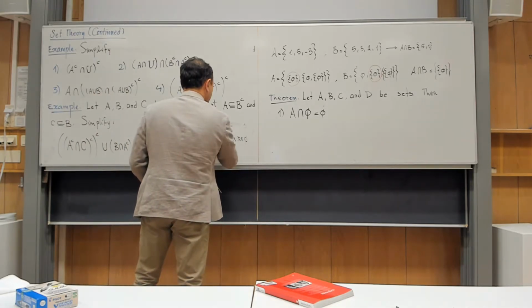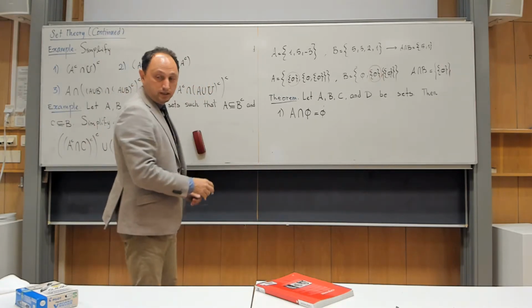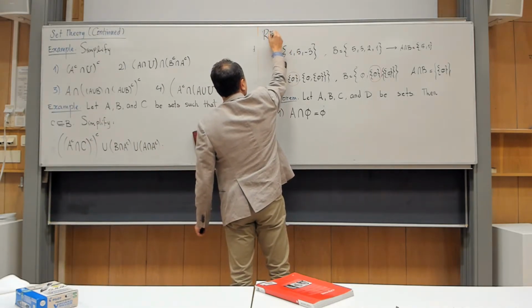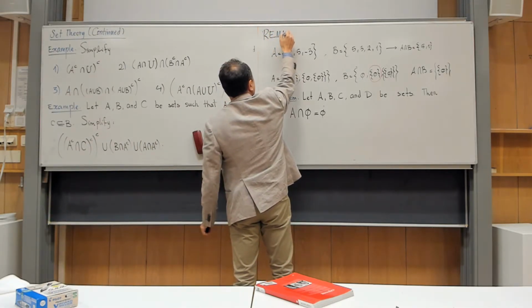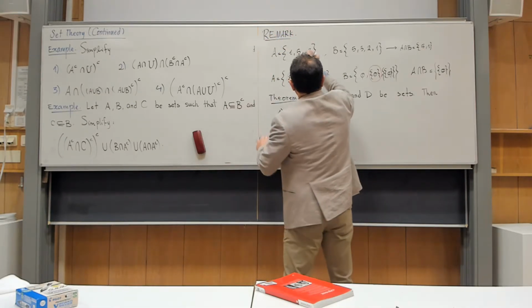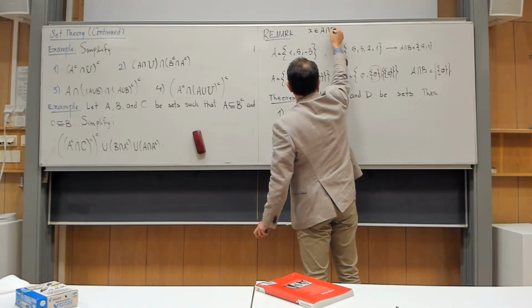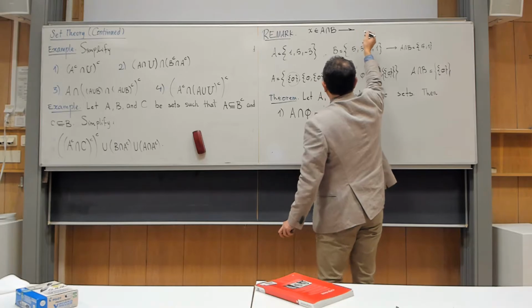By the way, let me also write this remark for you somewhere. It might be better if I write it here. Of course, you know that, but let me just emphasize as before. So, if someone tells you that X belongs to A intersection B, what can you conclude from this?